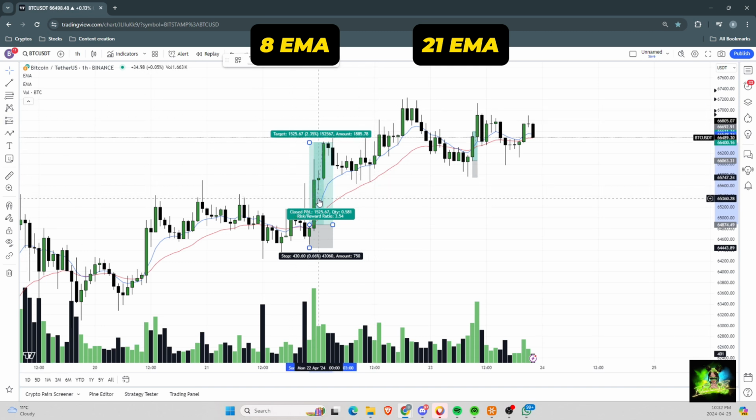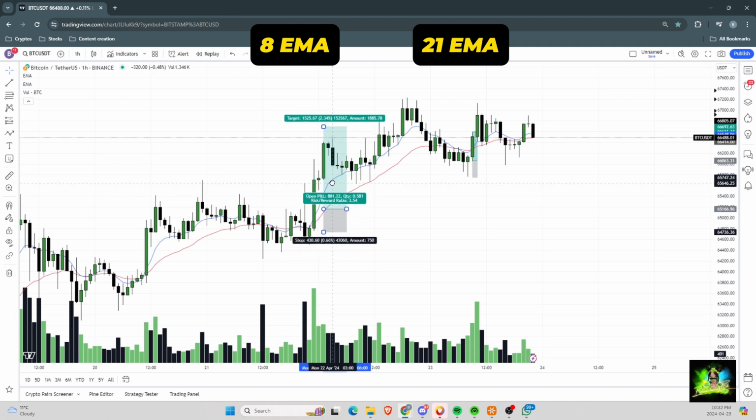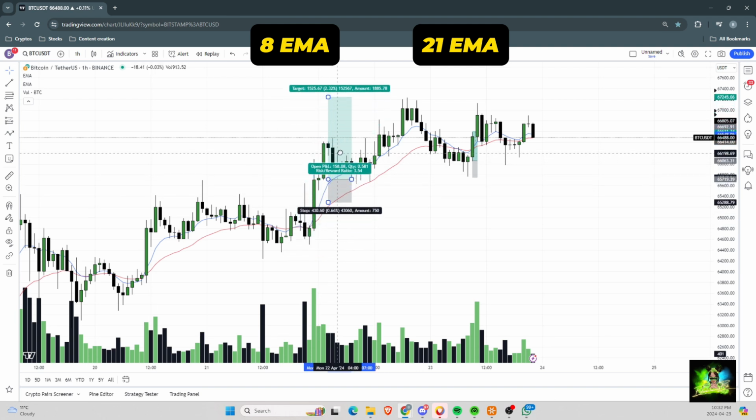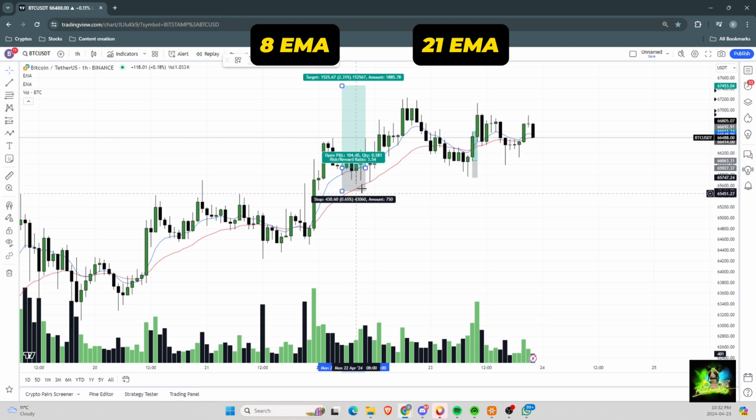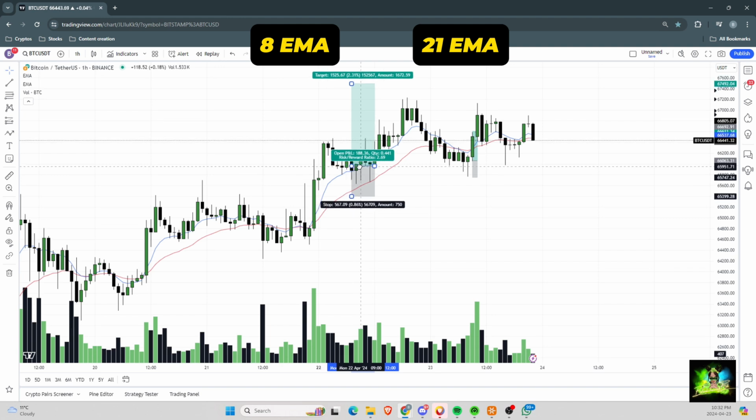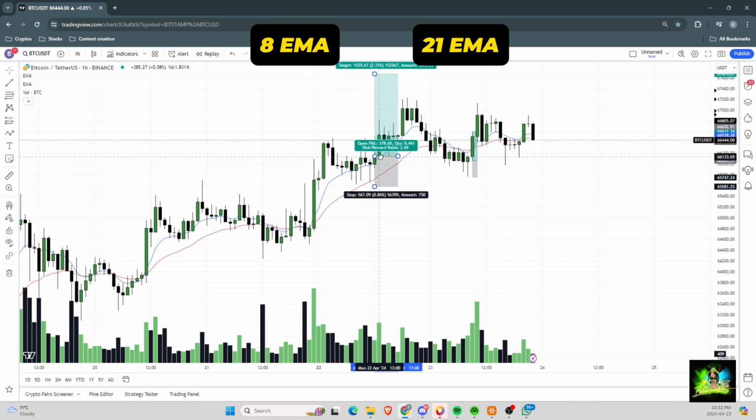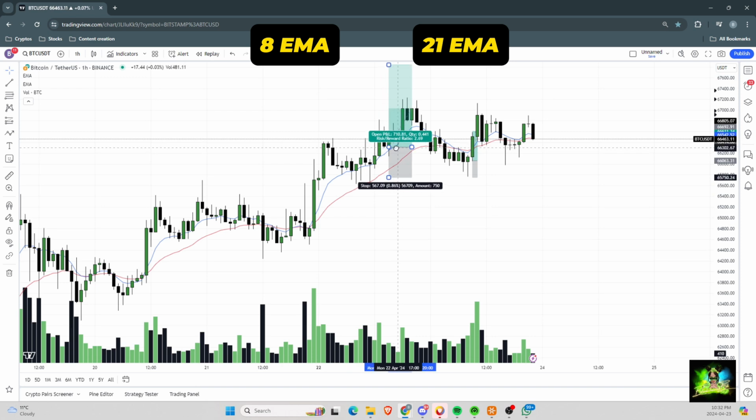What do I mean by that? See, when it goes like this, this is going to be your stop loss. Your stop loss is going to be moved up below this point. You're going to babysit your trades, and you're holding, and your stop loss is here.